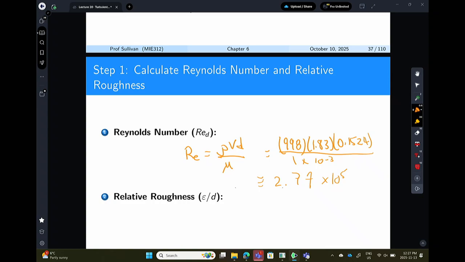So if it's fully turbulent, we have a relative roughness that we need to consider, epsilon over d.